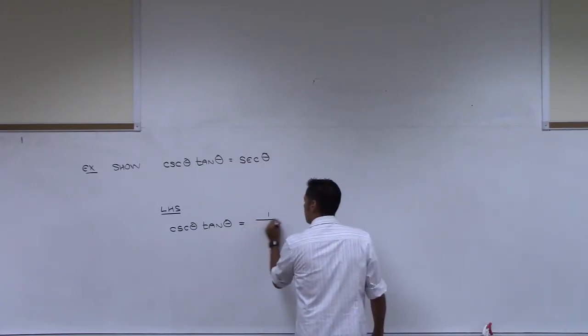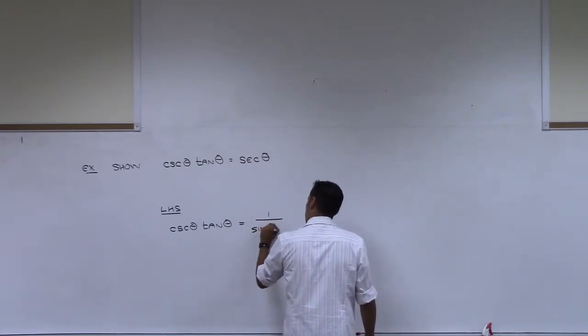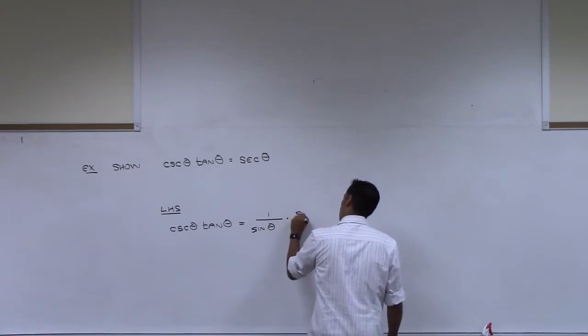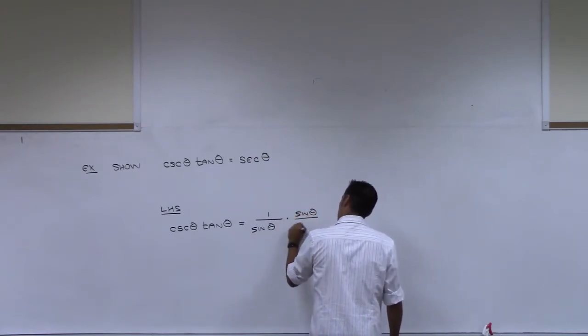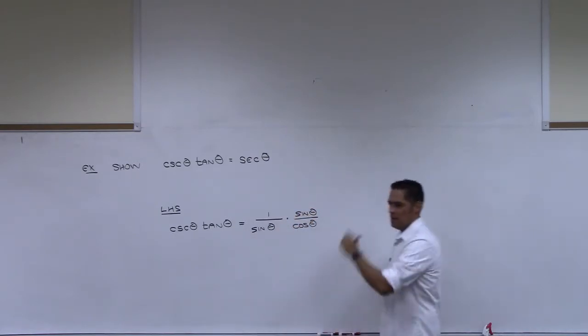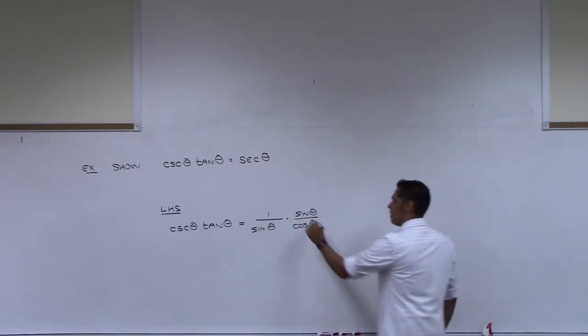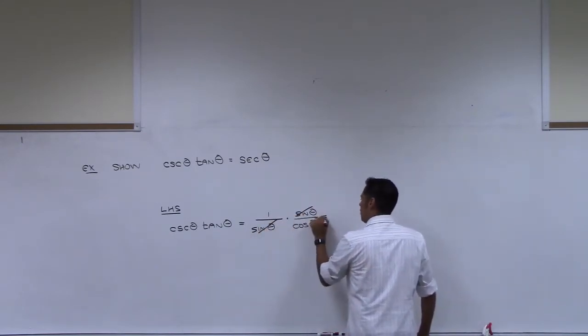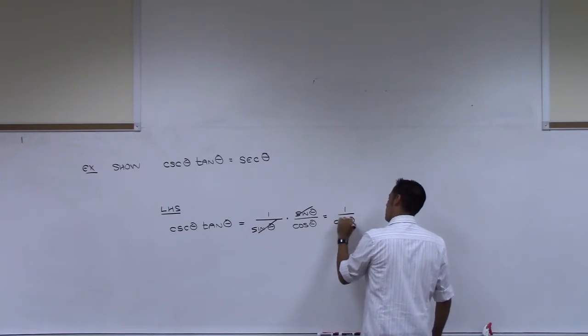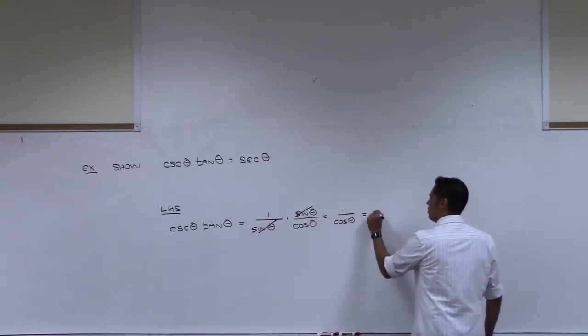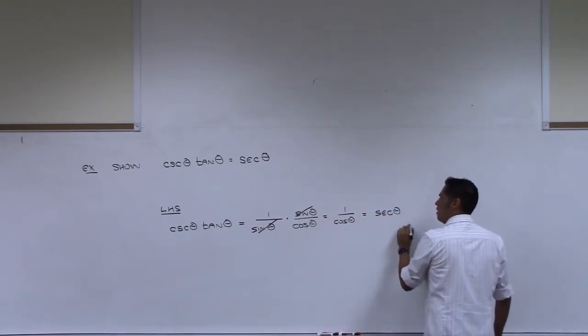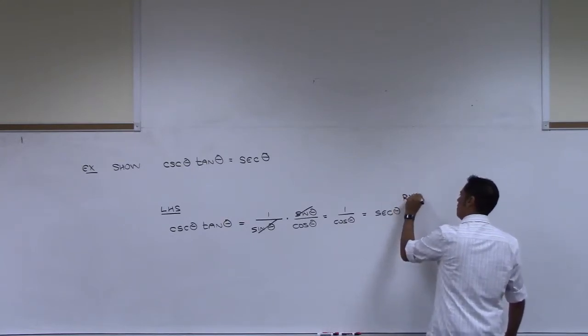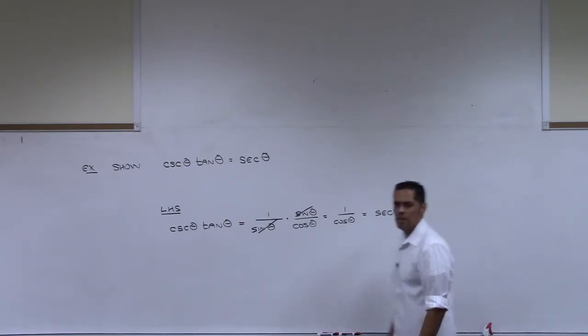This is 1 over sine theta times sine theta over cosine theta. And then you can cross out the sines. And what you're left with is 1 over cosine theta, but 1 over cosine theta is secant theta, which is now the right-hand side. So check, I'm done.